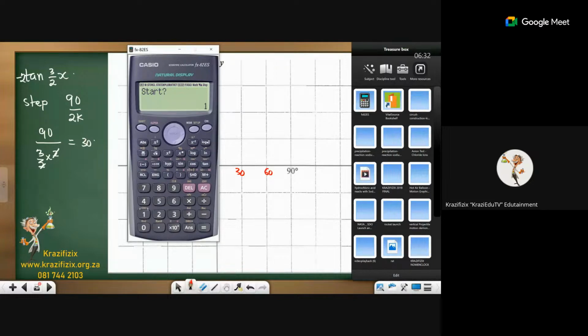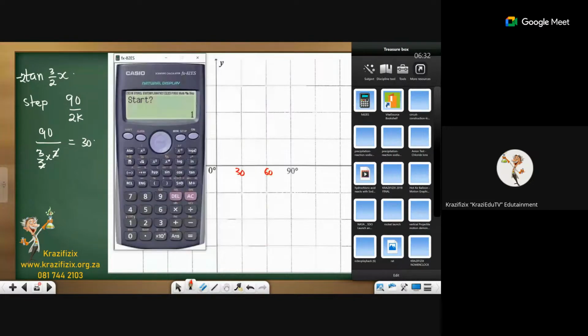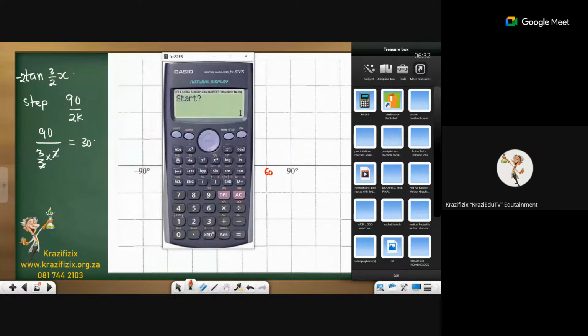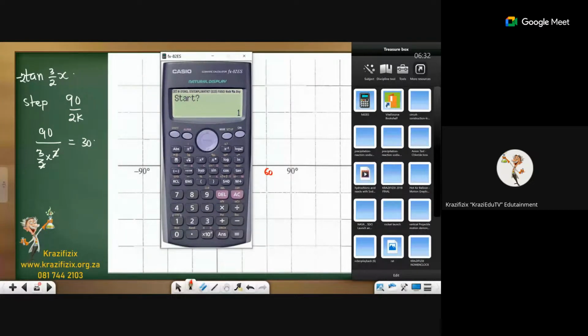What is your start? The domain, negative 90, 90. I'm not sure now. Step is now what? 30.